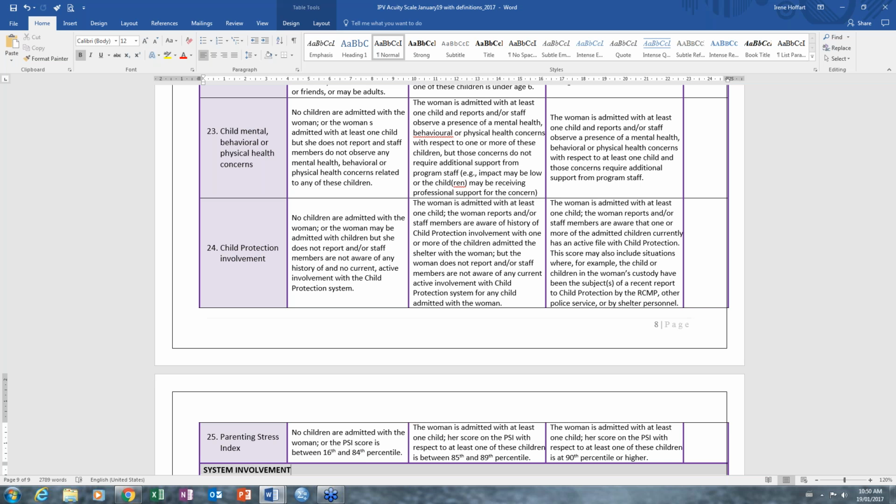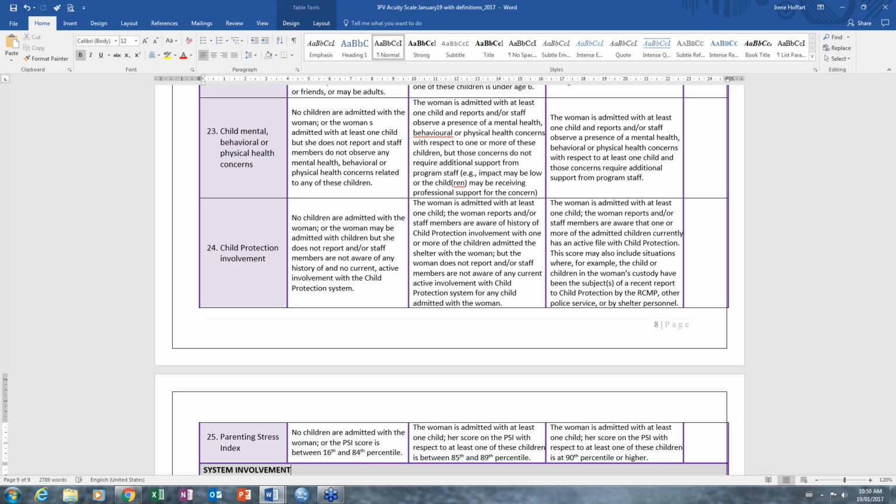For case study purposes, it does not matter, because we are going to give you the score in the case studies. But for the actual scoring, when we move into that process, we'll be hoping that the parenting stress index is regularly used in the shelter. And of course, we have training available, and we can answer any questions with respect to it.